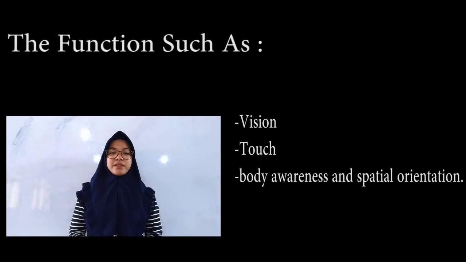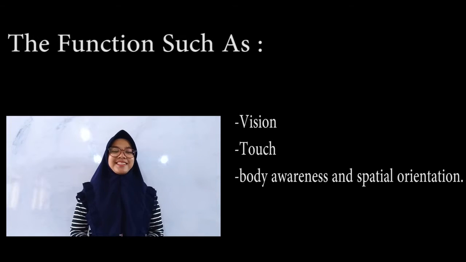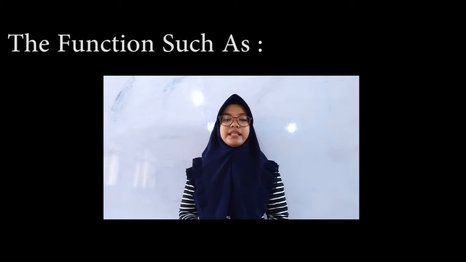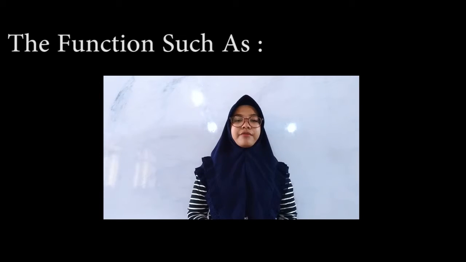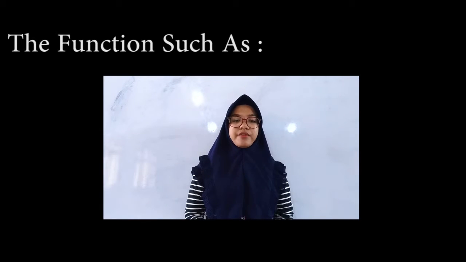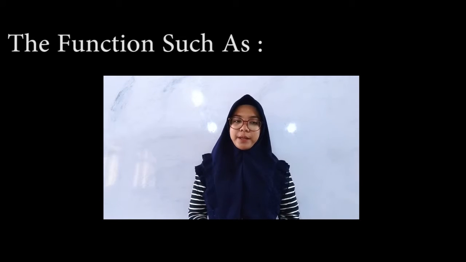Parietal lobe. The parietal lobe is located in the upper rear of our brain and controls our complex behavior, including senses such as vision, touch, body awareness, and spatial orientation. It plays important roles in integrating sensory information from various parts of our body, knowledge of numbers and their relations, and manipulation of objects.